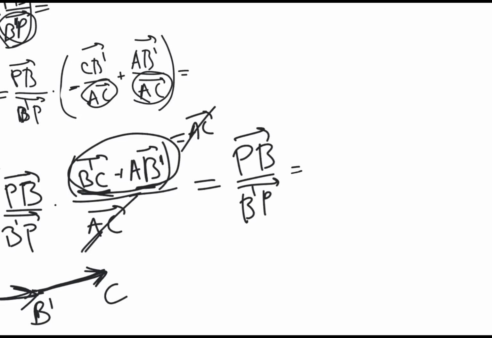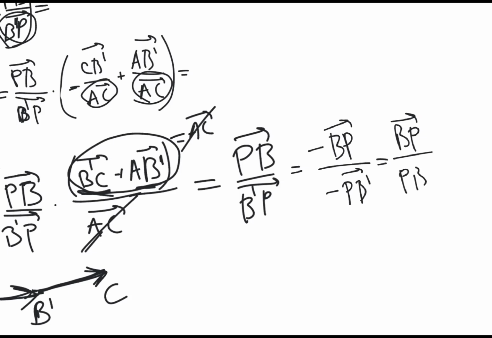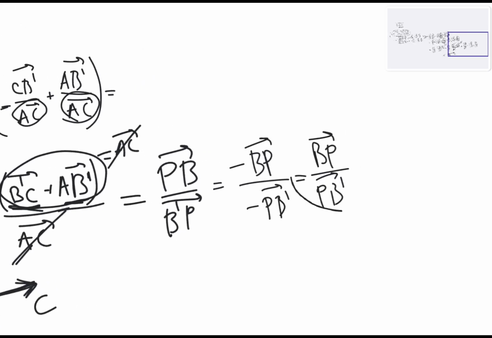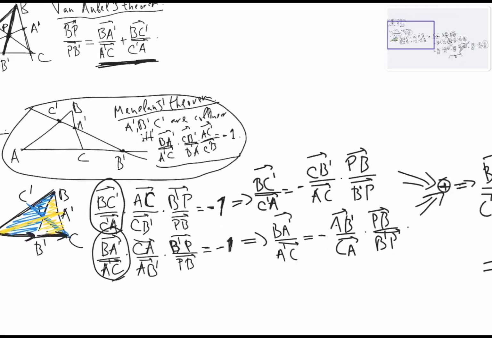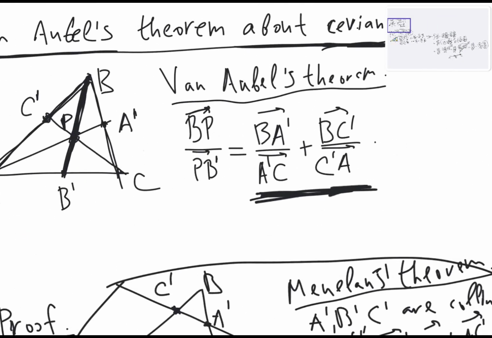So this is equal to minus BP over minus PB prime, and the minuses cancel each other, so this is equal to BP over PB prime. And this is exactly what we need: BP over PB prime.